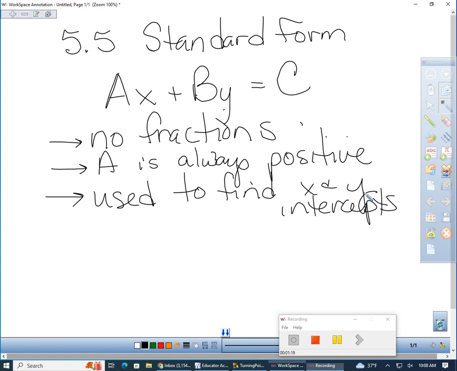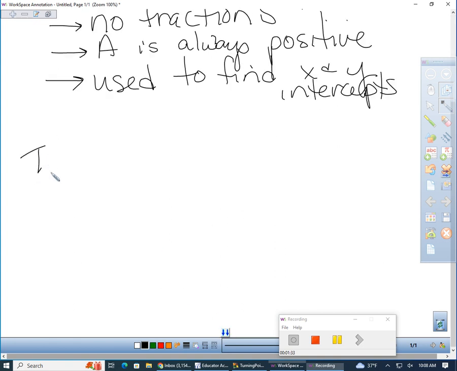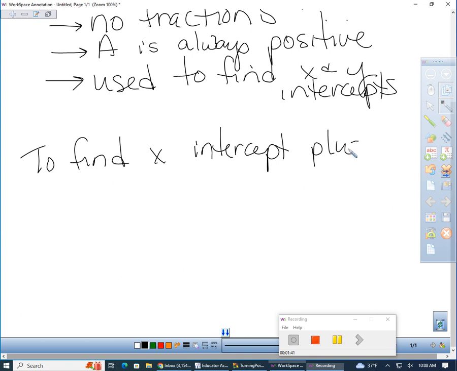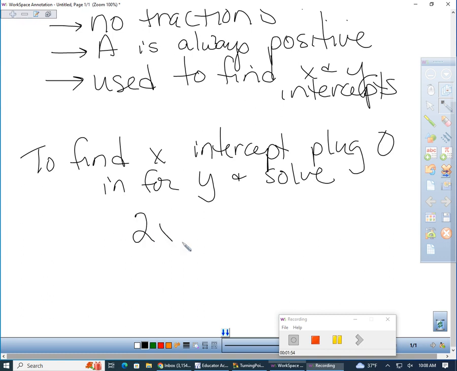So, here's how we're going to do it today. First of all, to find the x-intercept, plug 0 in for y and solve. What I mean by that is, let's say I have 2x minus 4y equals 12.